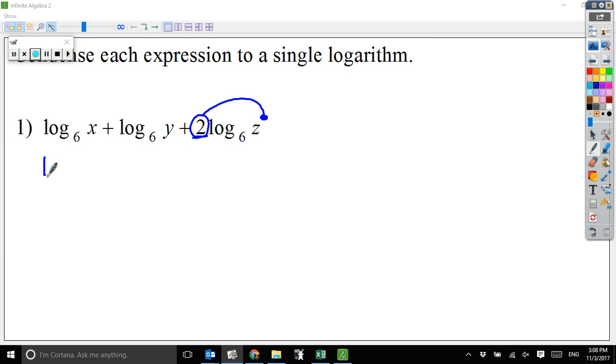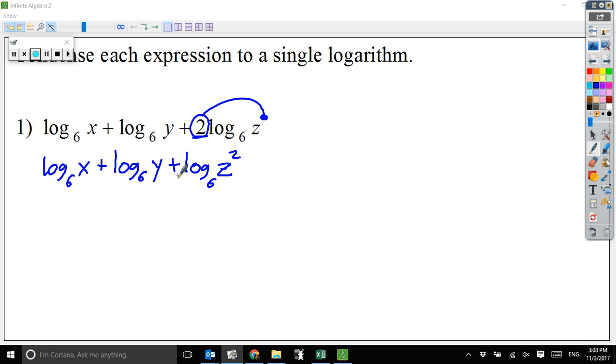So I'm going to rewrite this as log base 6 of x plus log base 6 of y plus log base 6 of z squared. So that number just got moved to the exponent. Now I'm adding.